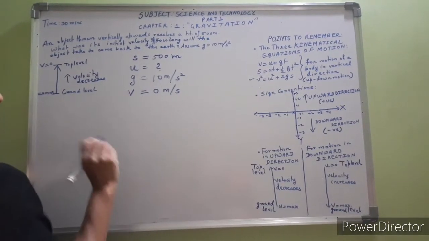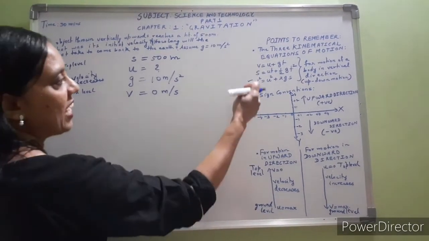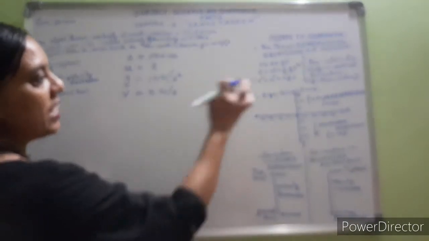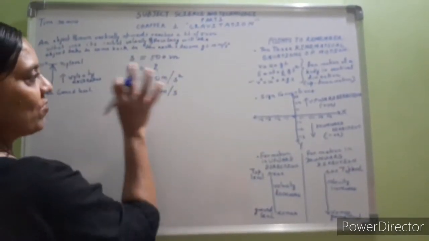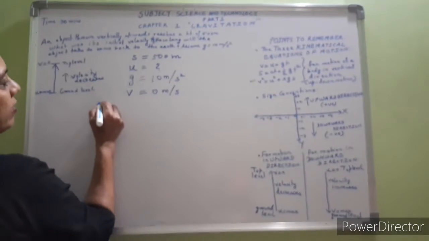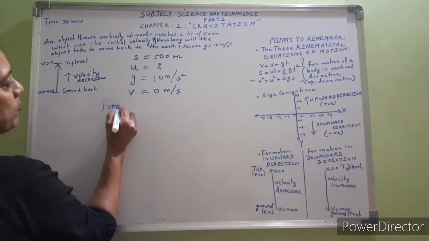Now the next thing that you have to do is, out of the three kinematical equations of motion, select one equation that will be most suitable to solve this problem. So the third kinematical equation of motion will be most suitable.